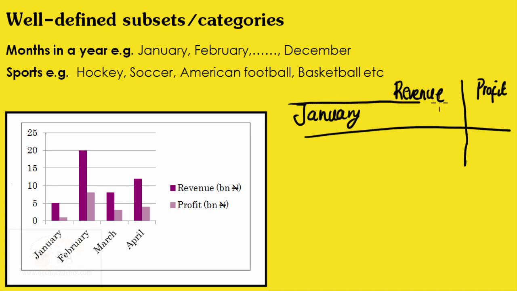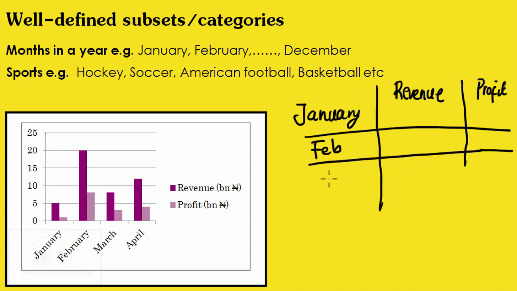In every other month in the year, they will also have a revenue and a profit. So in February, they also have some sort of revenue and profit. Same thing in March, the same thing in April.